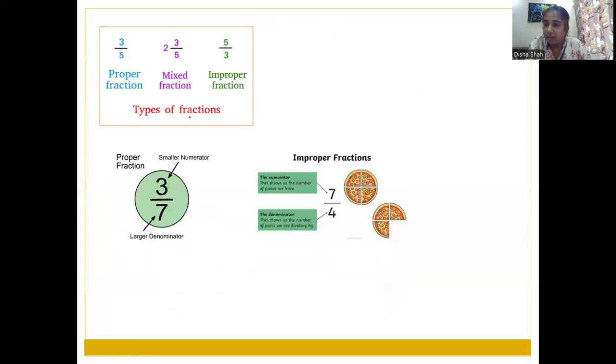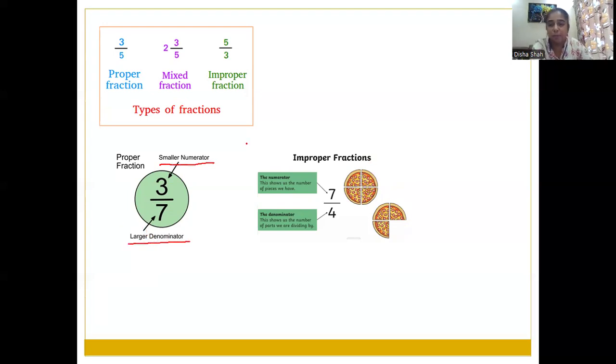Now, what are the different types of fractions? The first type is called a proper fraction. Then there is an improper fraction, and then there is a mixed fraction. Now, what is a proper fraction? A proper fraction is a fraction in which the numerator is small and the denominator is big.